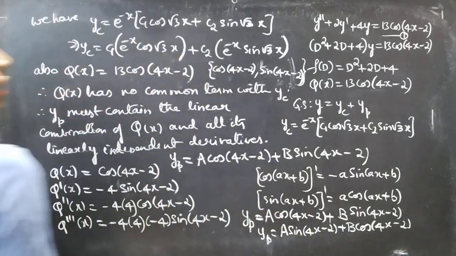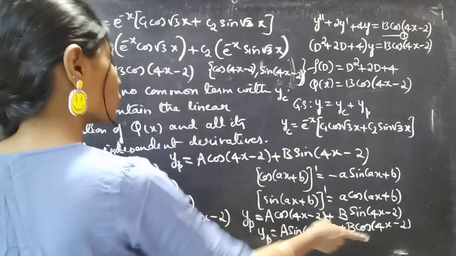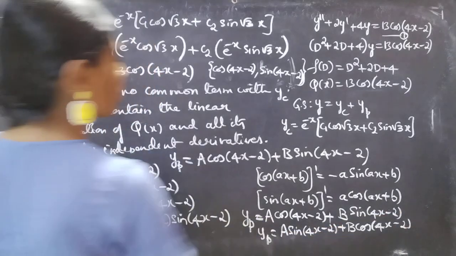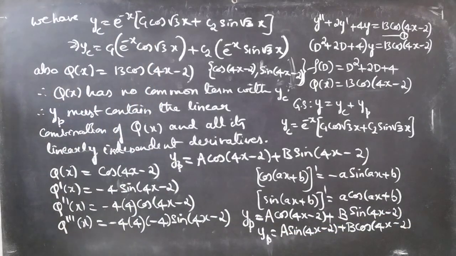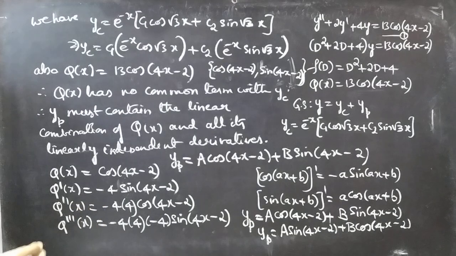Okay, yp can be a cos of 4x minus 2 plus b sine of 4x minus 2, or a sine of 4x minus 2 plus b cos of 4x minus 2. Finally, we got the formula for yp. So we got yp such that it satisfies equation 1. We have chosen yp such that it satisfies the given equation. So we can write the given equation in terms of yp, right?